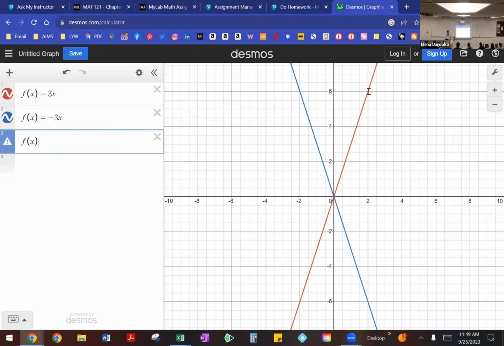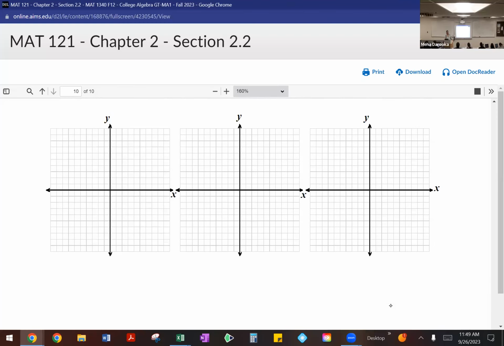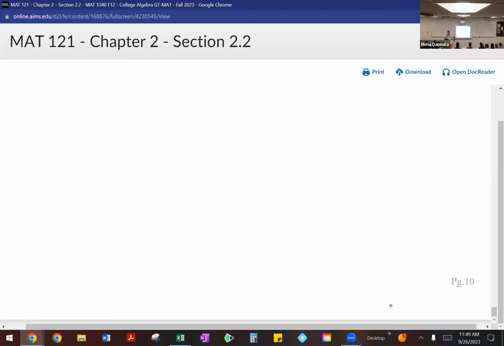If you just did f of x equals 3, well, you can see that's that horizontal line. My X values are changing, but that Y value stays the same. So this is where I would say my function is constant. Now, of course, we are showing this to you with 3 separate examples, but you can still see those behaviors within the same graph. They don't have to be 3 separate graphs.